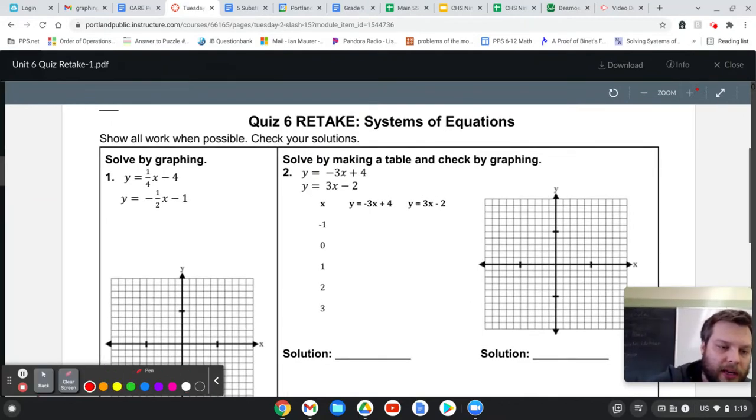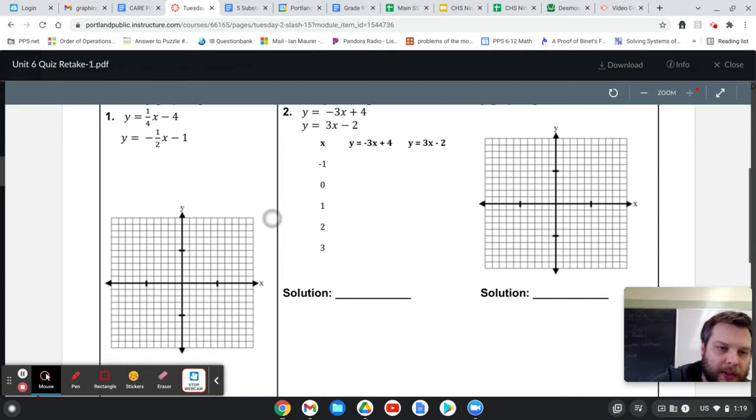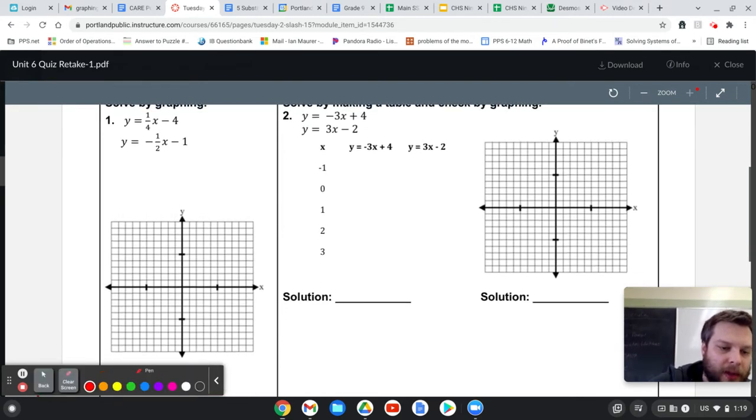So when I look at y equals 1/4 x minus 4, I start down here at minus 4, and I count up 1 and over 4. This red line is y equals 1/4 x minus 4. Every single dot on that line is a solution to the equation y equals 1/4 x minus 4.